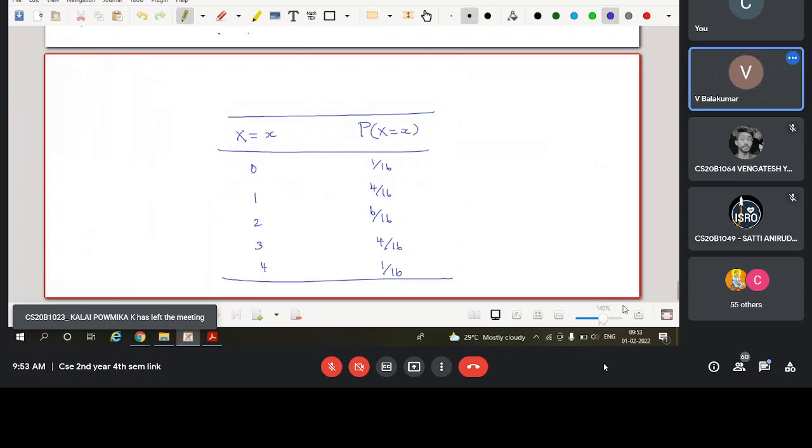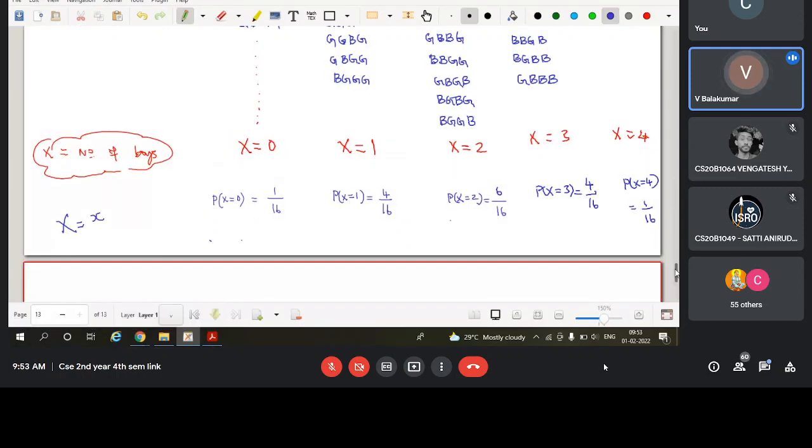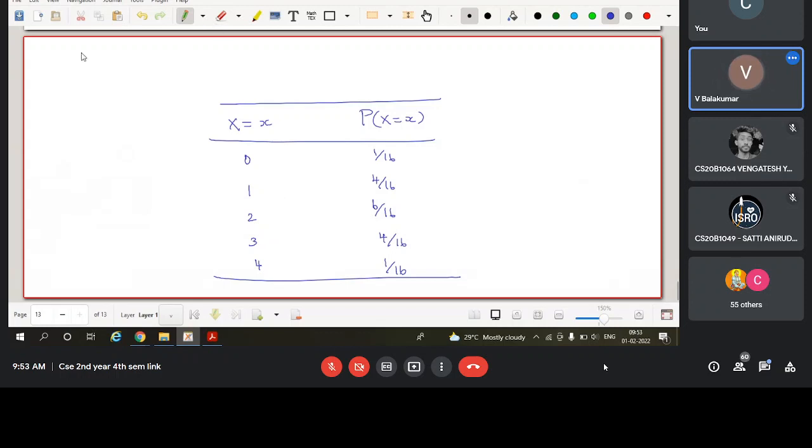The situation we are having is an experiment: recording the gender of the first 4 persons entering the canteen.